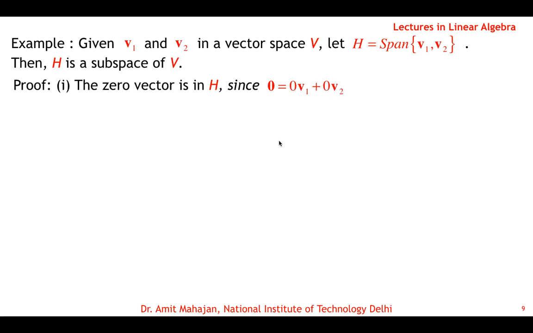Second property is that if you take any two vectors in H, then their sum is also in H. So if I take two vectors u and v in H, that means u and v can be written as linear combinations of v1, v2.